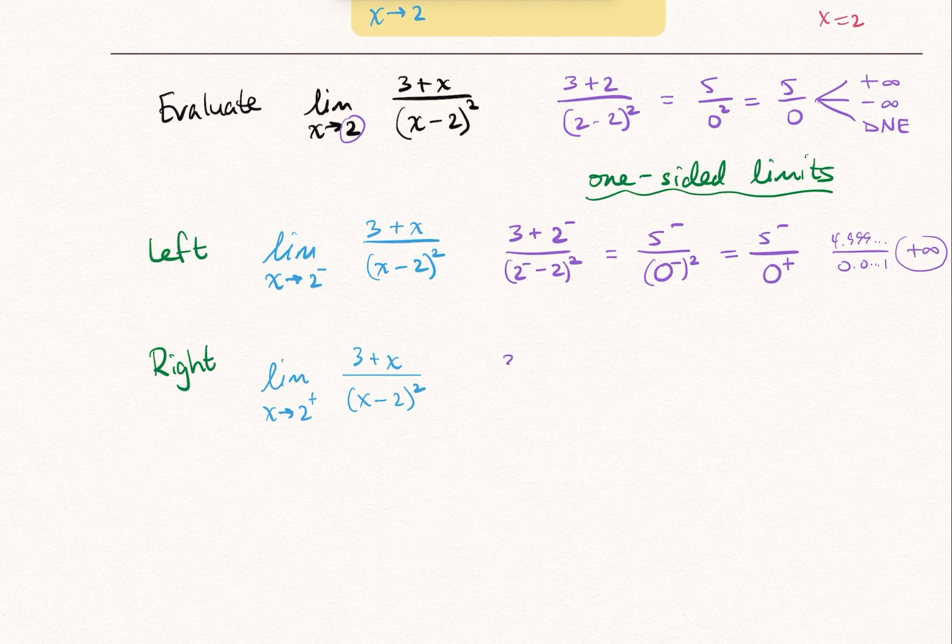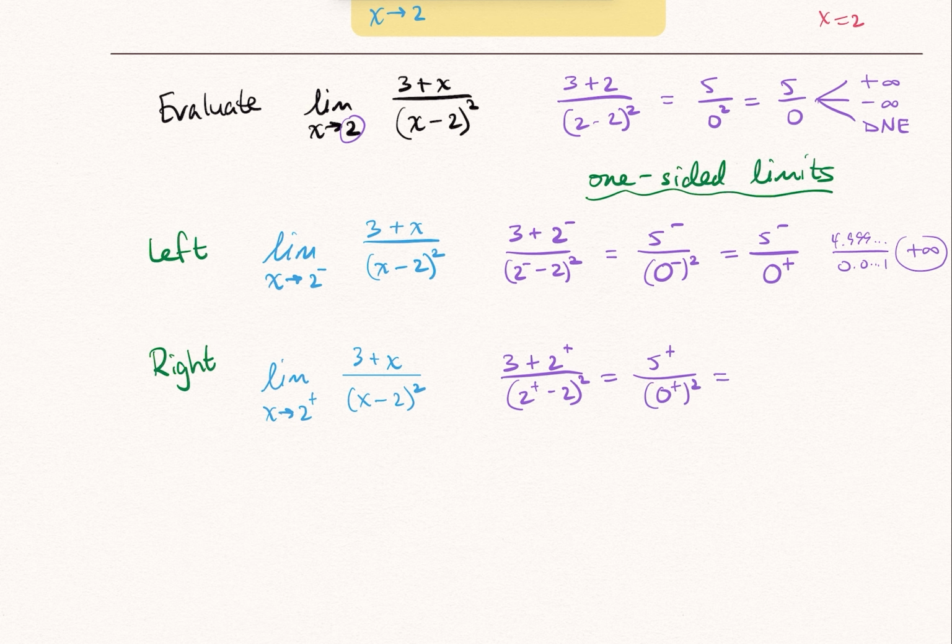When we try the right side, we're going to see 3 plus 2 plus is 5 plus. And then 2 plus minus 2, so 2 plus is like 2.1. 2.1 minus 2 is 0.1, so that's 0 plus.